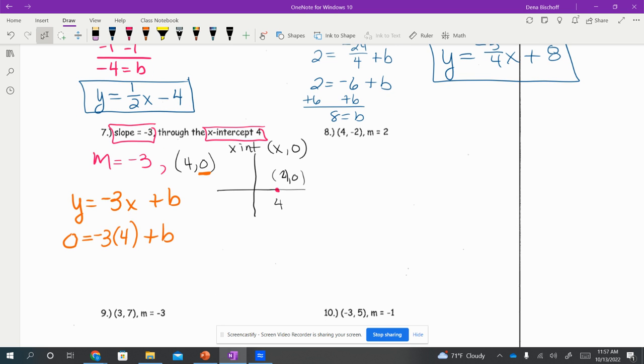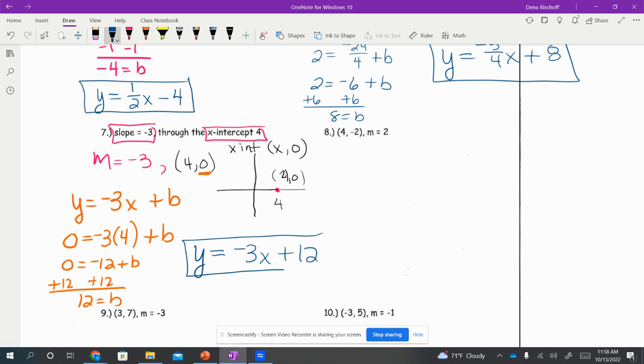So 0 equals negative 12 plus b. I'm trying to figure out what b is. Add 12 to both sides. So 12 equals b. You got the equation for me? Y equals negative 3x plus 12. Perfect.